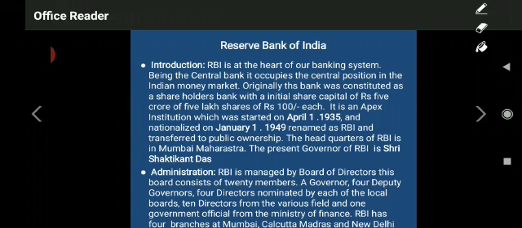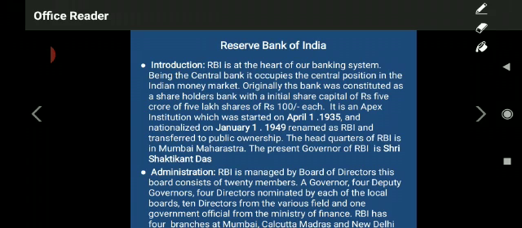So RBI was established on 1st April 1935. They may ask in the examination for 1 mark, when was RBI established? For that, you have to write 1st April 1935. They may ask in multiple choice questions also, by giving different options. The right option for the establishment of RBI is 1st April 1935.